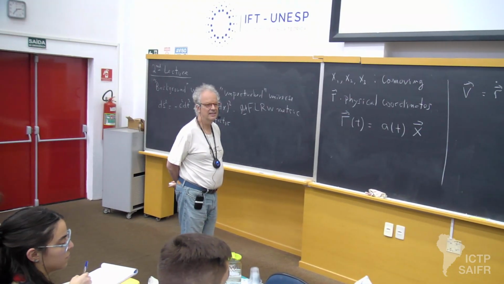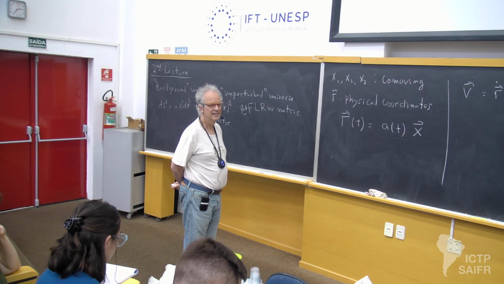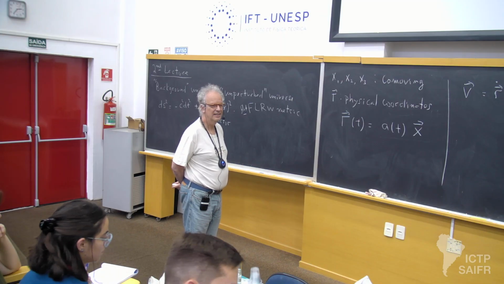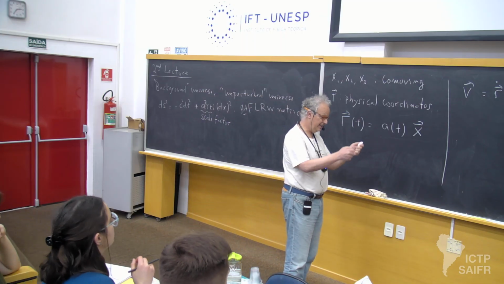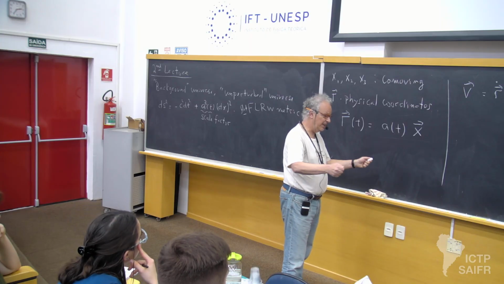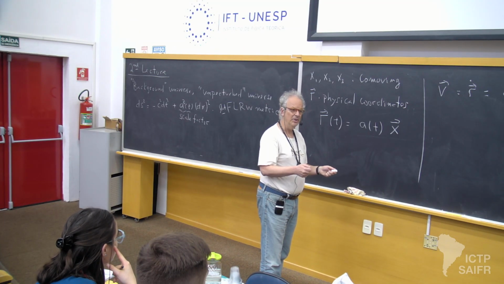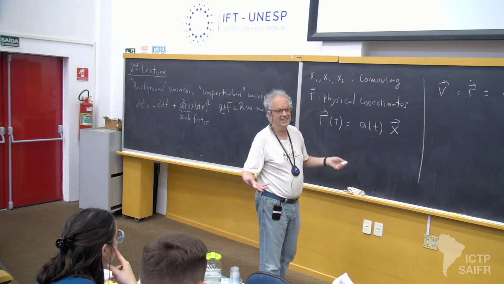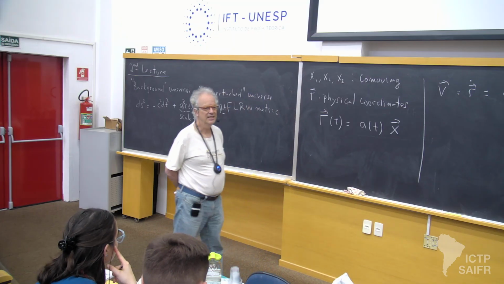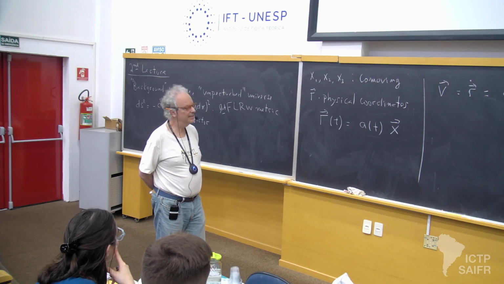Right. So the comoving coordinates are such that in those coordinates, the coordinates of this object are fixed. But the object is not fixed. So the physical coordinates are the real ones. Exactly.